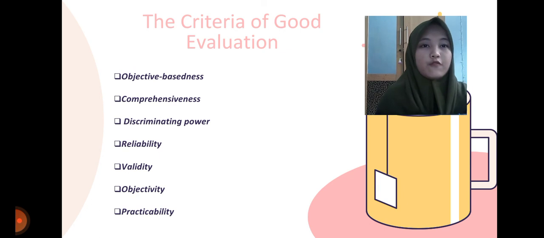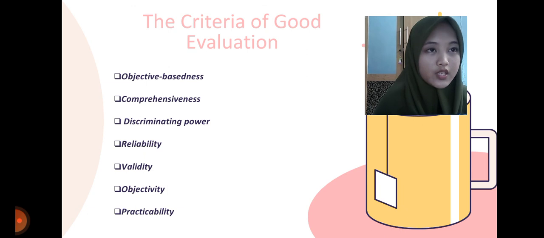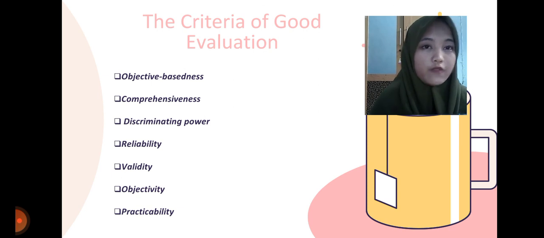Fifth, validity is the most important quality needed for an evaluation tool. If the tool is able to measure what it is intended to measure, it can be said that the tool is valid. It should fulfill the objectives for which it was developed. Validity can be defined as the accuracy with which it measures what it is intended to measure.